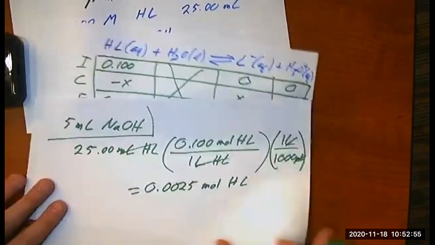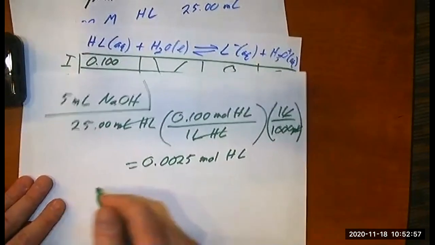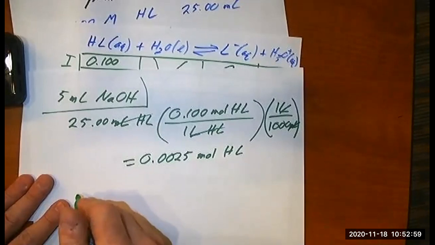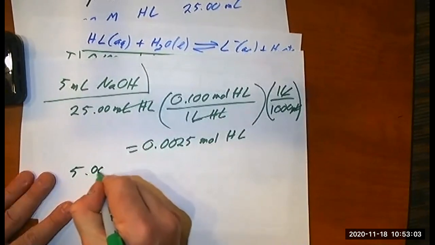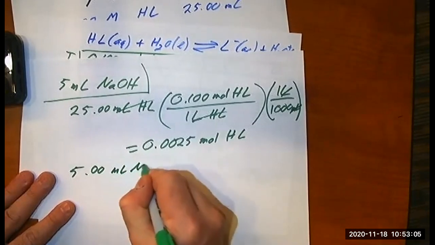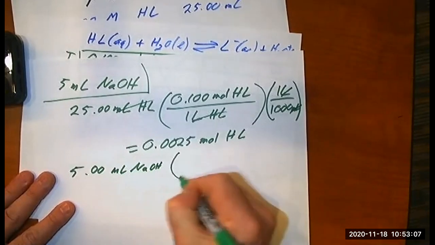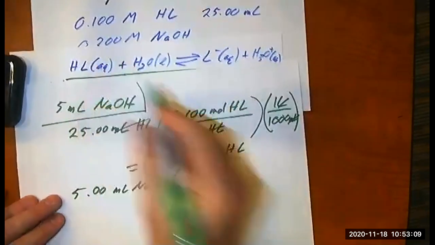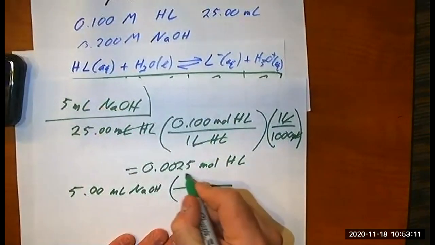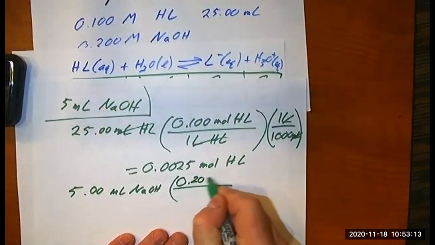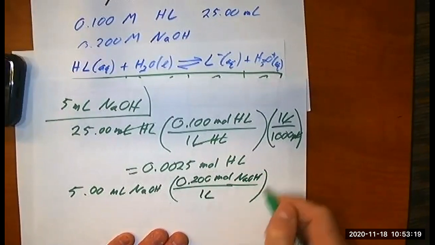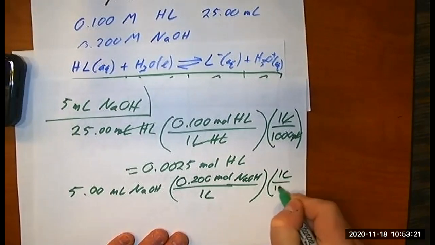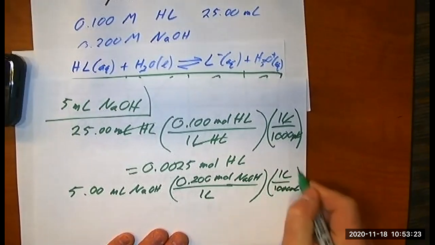In our 5 milliliters of sodium hydroxide, let's see how much sodium hydroxide we've added. So 5 milliliters NaOH. Our concentration here, remember, we decided to do a different concentration this time, 0.200 moles NaOH in 1 liter. 1 liter is 1,000 milliliters.